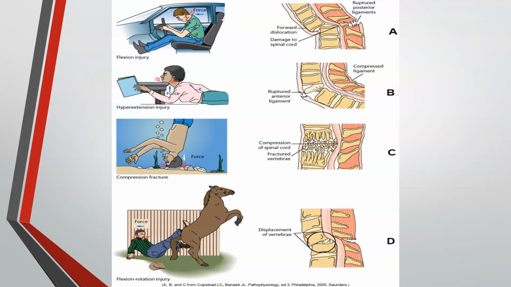C. Compression fractures will crush the vertebra and force bony fragments into the spinal canal. And D is your flexion rotation injury of the cervical spine, often resulting in the tearing of the ligament structures that normally stabilize the spine.